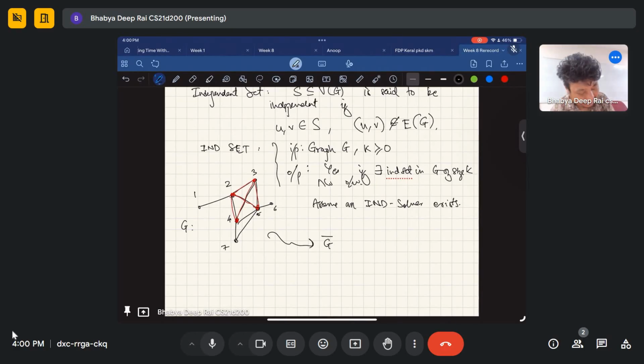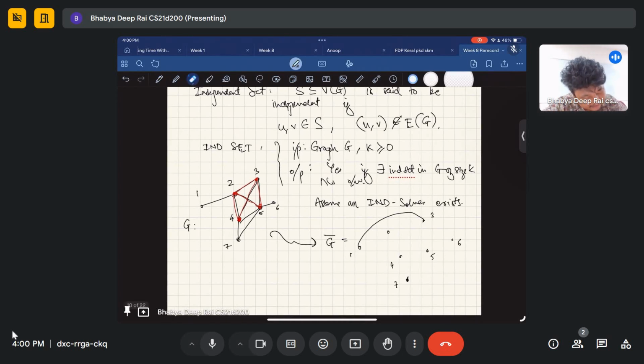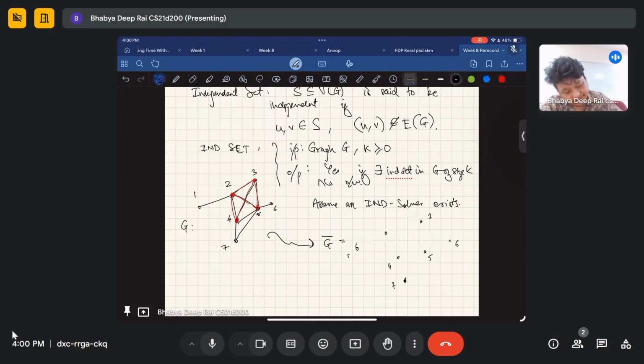Okay, so G bar can be vertices 1, 2, 3, 4, 5, 6, 7. Now we can proceed to add edges. So 1 is connected to 3. To make it less complicated, let's say the graph originally is also connected to 4. Let's say 3 was connected to 6.